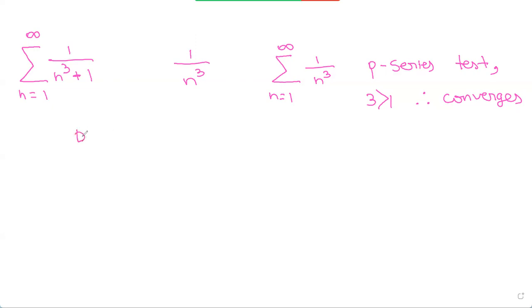We know that a_n should be less than or equal to b_n, so whichever one is greater would be b_n. So we have 1 over n cubed plus 1 and 1 over n cubed. Whenever the denominator is larger, that number is smaller. So this is a_n and this is b_n.